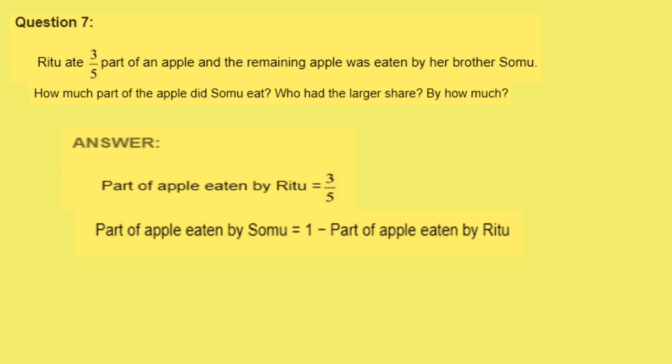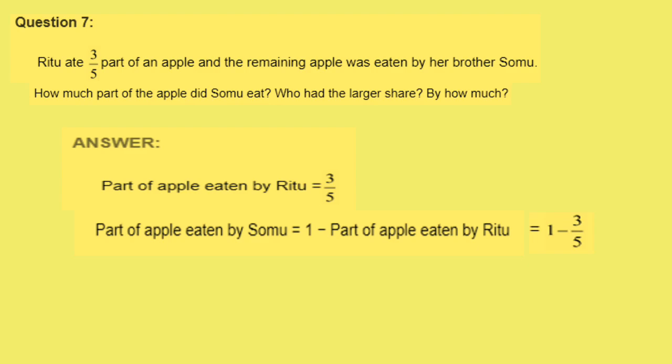Next, part of apple eaten by Somu. So the whole apple will be 1 and the apple eaten by Ritu is 3/5. So the remaining is whole minus apple eaten by Ritu, that is 1 minus 3/5.